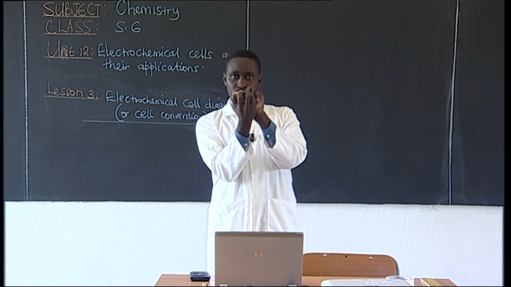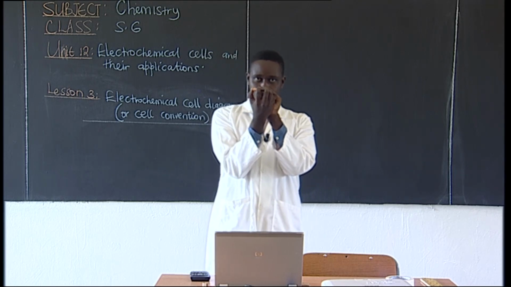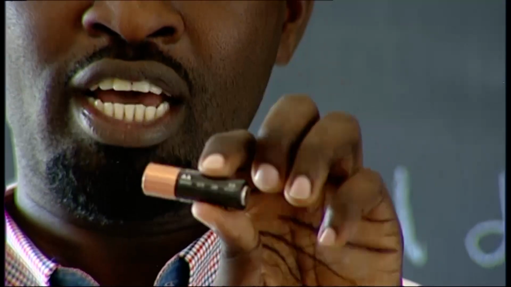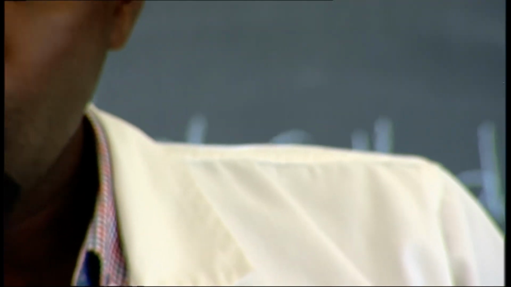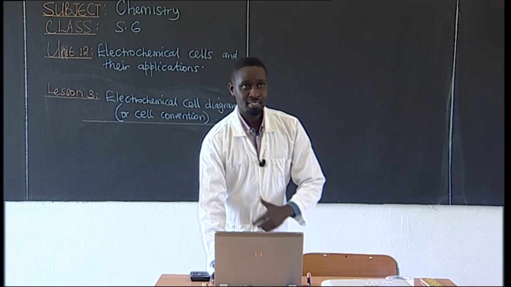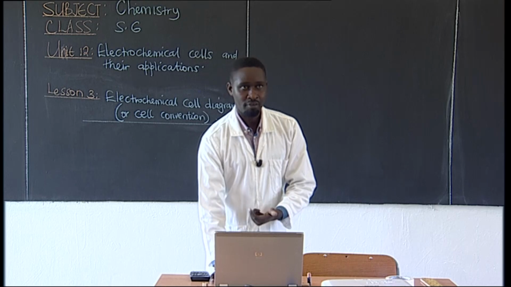That potential value that you see, the 1.5 volts, implies the potential difference created between one half cell and another. As I said, we shall go into detail and look at this dry cell later on. So that is what we call the standard cell EMF.